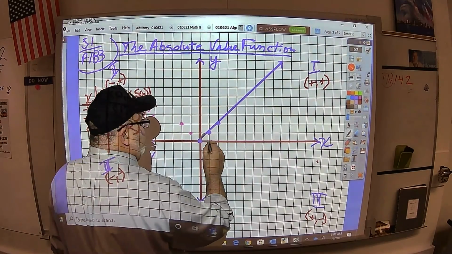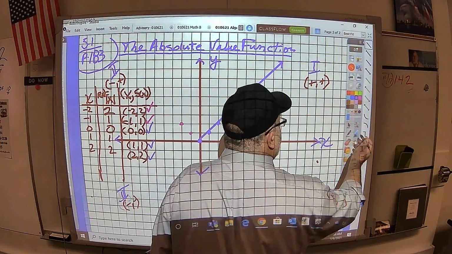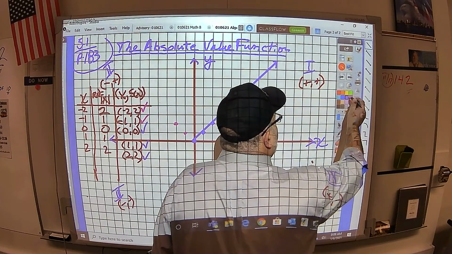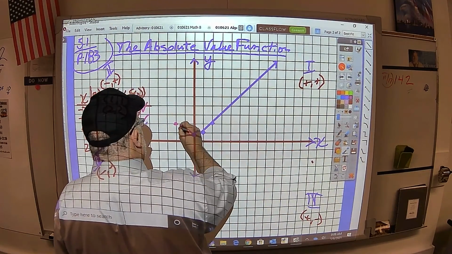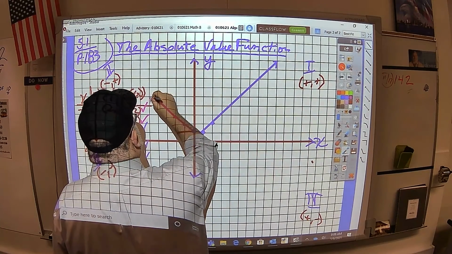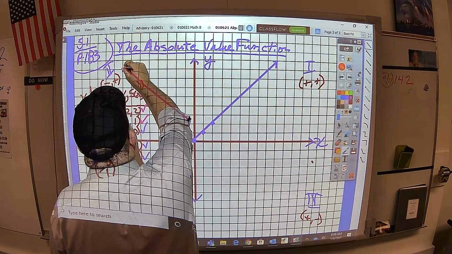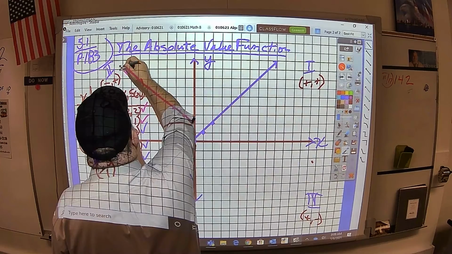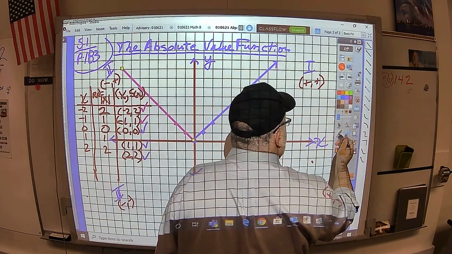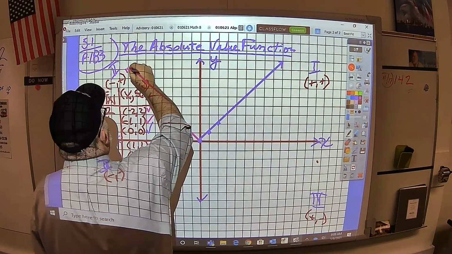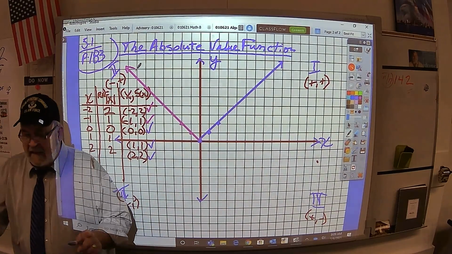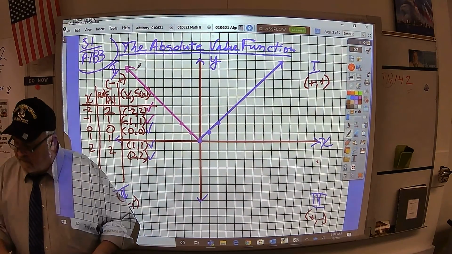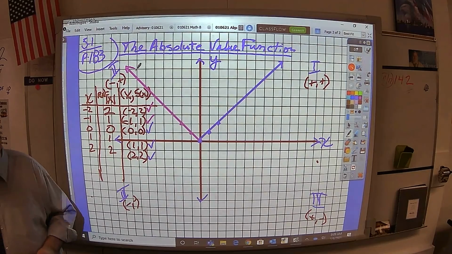So therefore, we now have the absolute value V.